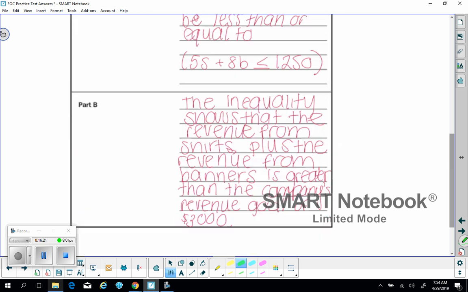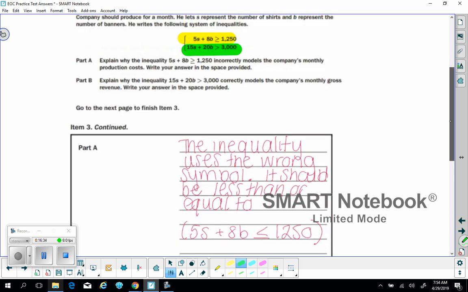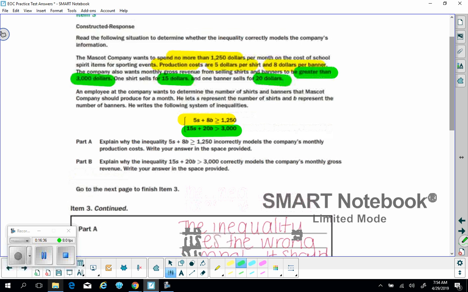The inequality shows that the revenue from shirts plus the revenue from banners is greater than the company's revenue goal of $3,000. If it were me, this is probably even more writing than I would do. I would say the inequality is correct because the problem says greater than $3,000 and the symbol says greater than $3,000.